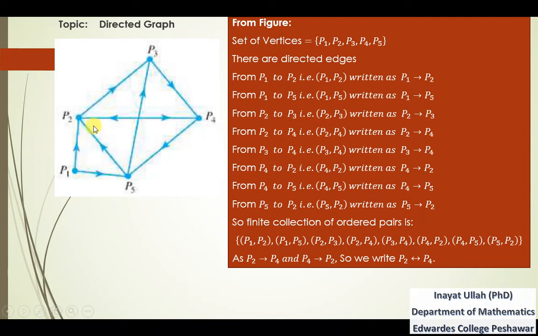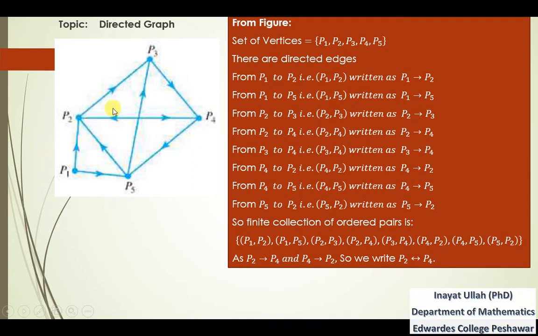Similarly, this edge is from p2 to p3, which can be written in ordered pair form as (p2, p3), and in arrow form as p2 → p3.